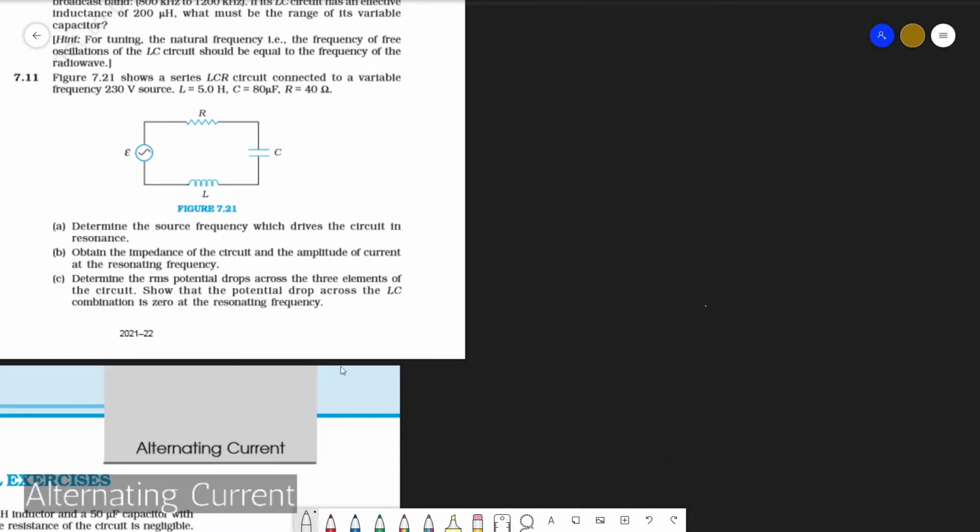Question 7.11: the figure shows an LCR series circuit with variable frequency. He is not mentioning the frequency here, but he is giving the RMS value of voltage as 230 volts, and L, C and R values. The first part is to determine the source frequency which drives the circuit in resonance. Obviously, omega R is equal to 1 by root LC.